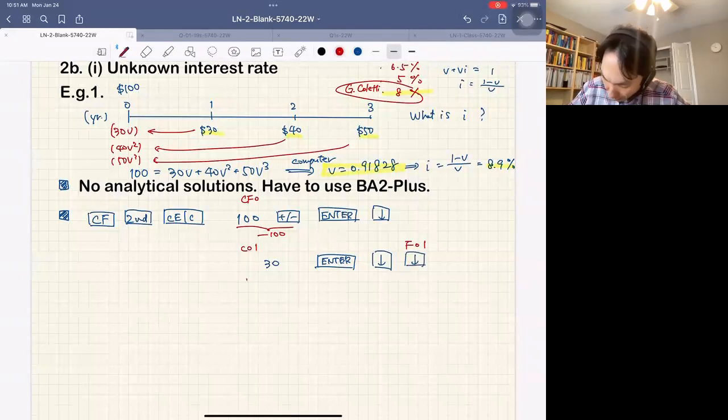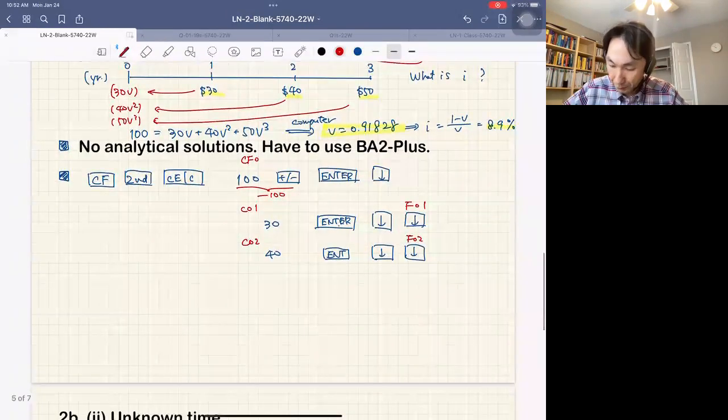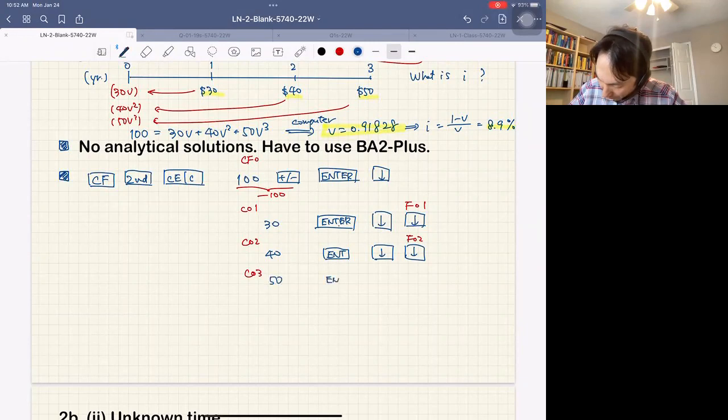Then you will get the C02. You can see C02, then you put 40. Then again, enter. Then go down arrow, and again go down. So you will see the F02, but we don't use this. And C03, C03 is 50, and enter.